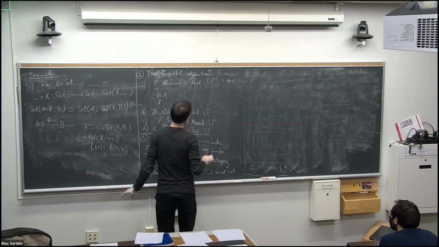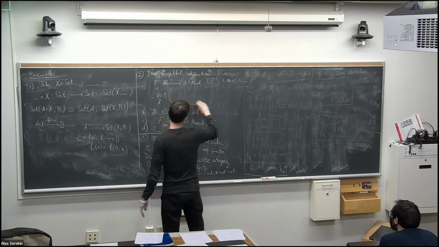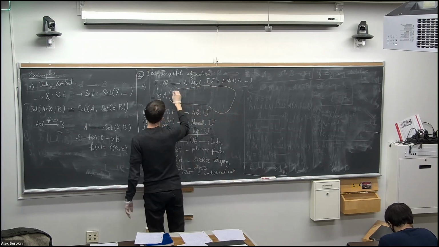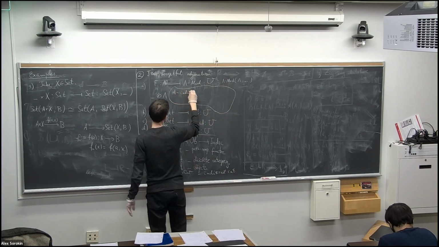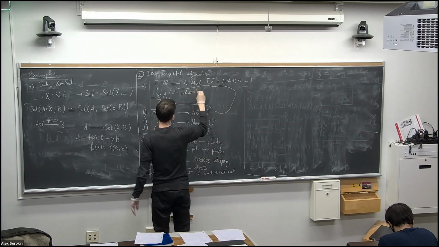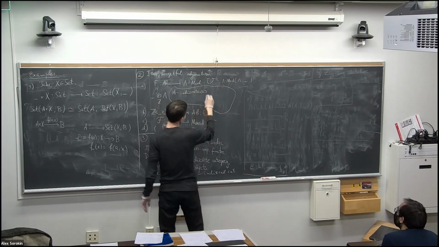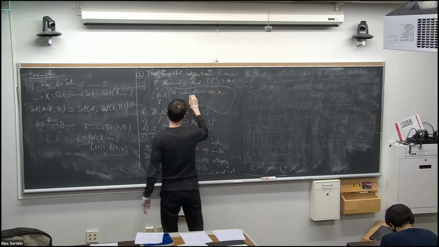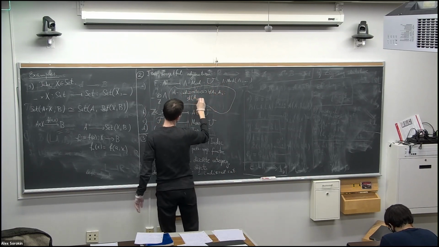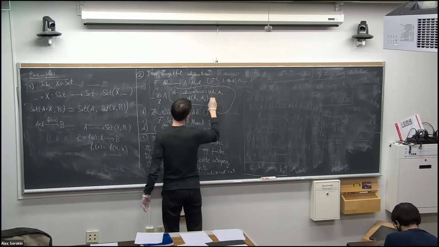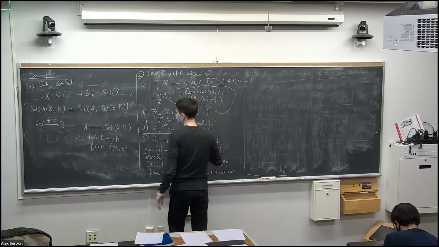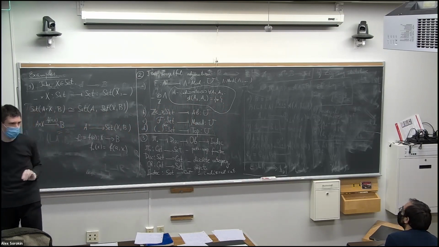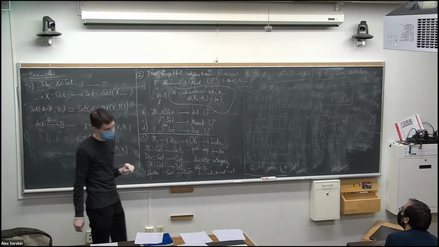What is an indiscrete category? Between any two objects A1, A2, there is precisely one morphism.